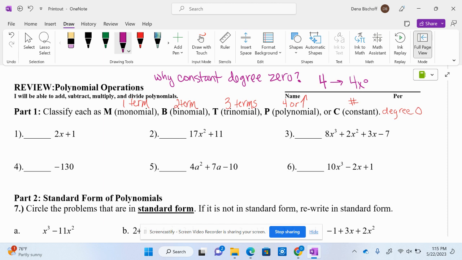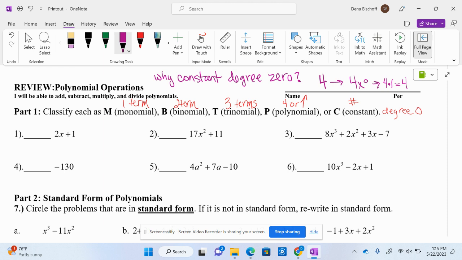If it was 0, then 4 times 0 is 0, right? It's 1. Any number to the power of 0 is 1. So this is the same thing as saying 4 times 1, which is in fact 4. That's why it's degree 0. Okay? That's important to know.